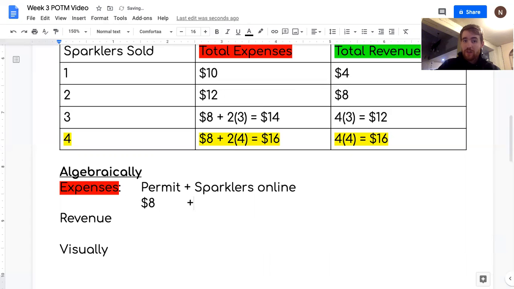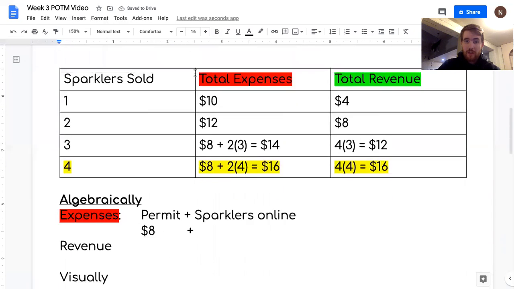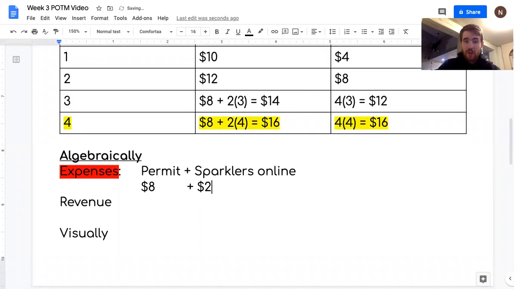We know, again, from the problem, that the sparklers are $2 each online. So that's going to be plus $2, but this is going to be 2 times the number of sparklers we bought. So I'm going to go ahead and put X to represent the number of sparklers we bought. And we'll make a note of that here. X equals sparklers sold. So our total expenses is represented by $8 plus 2X.